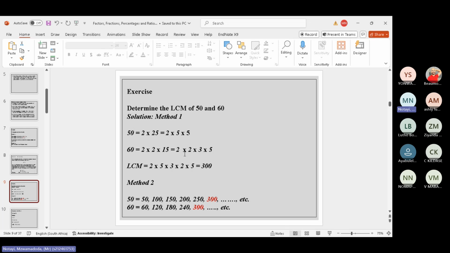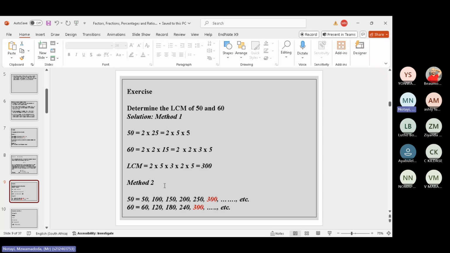And then we have 2 multiplied by 3, and 5 has already been written. So it will be 2 times 5 times 5 times 3 times 2. When you multiply all those, you get 300.